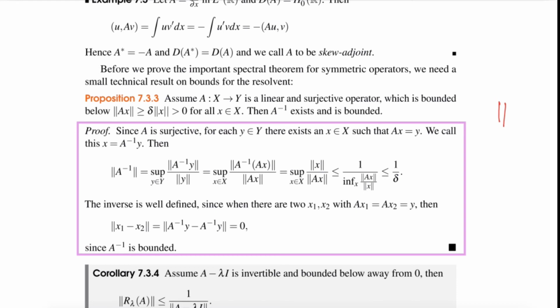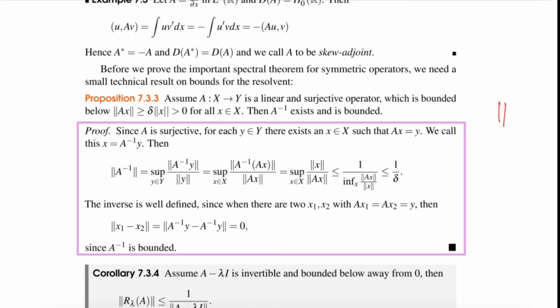But now we want to show that A inverse is actually a wonderful, beautiful linear operator with a bounded operator norm. So I write down the operator norm of A to the minus 1 with the supremum over y of the norm of A inverse y divided by the norm of y. And I know y is actually Ax for some x, so I can replace y with Ax on top and bottom.